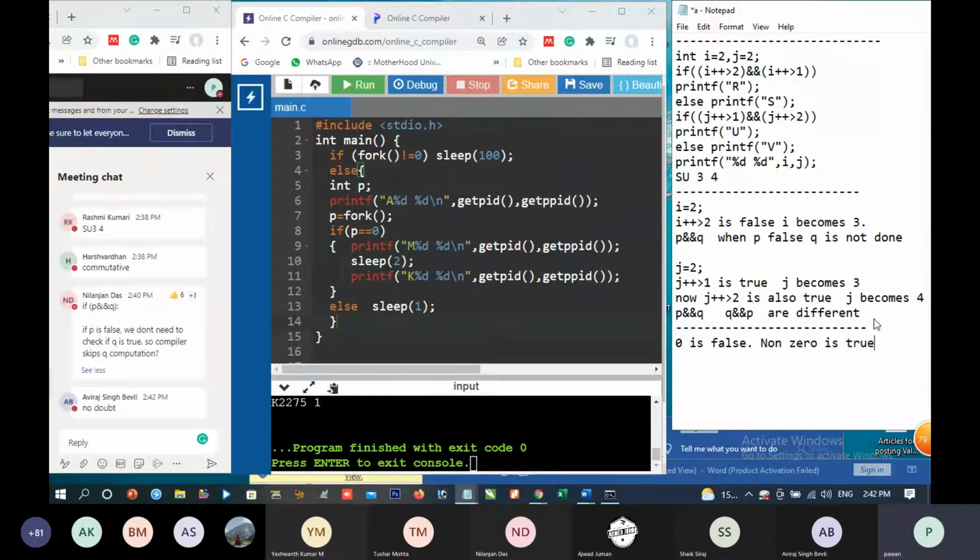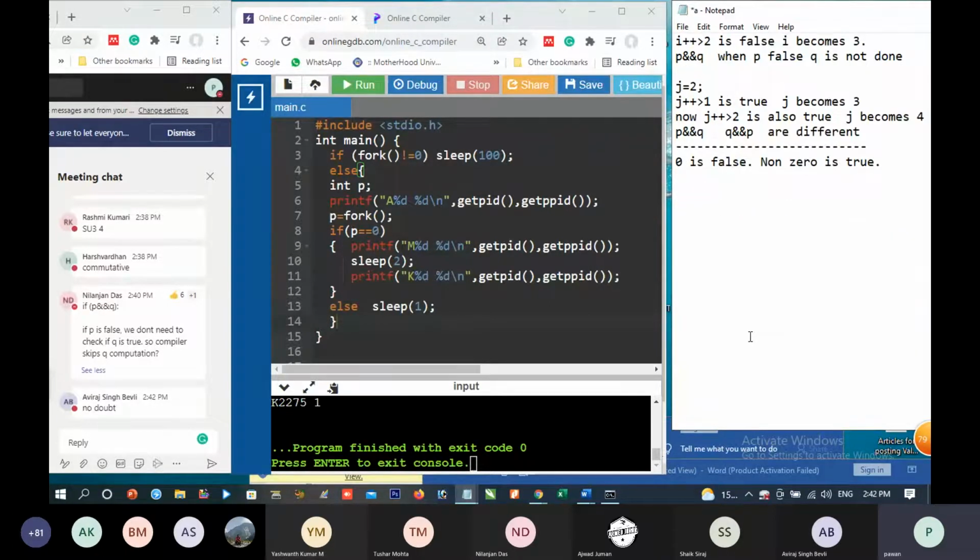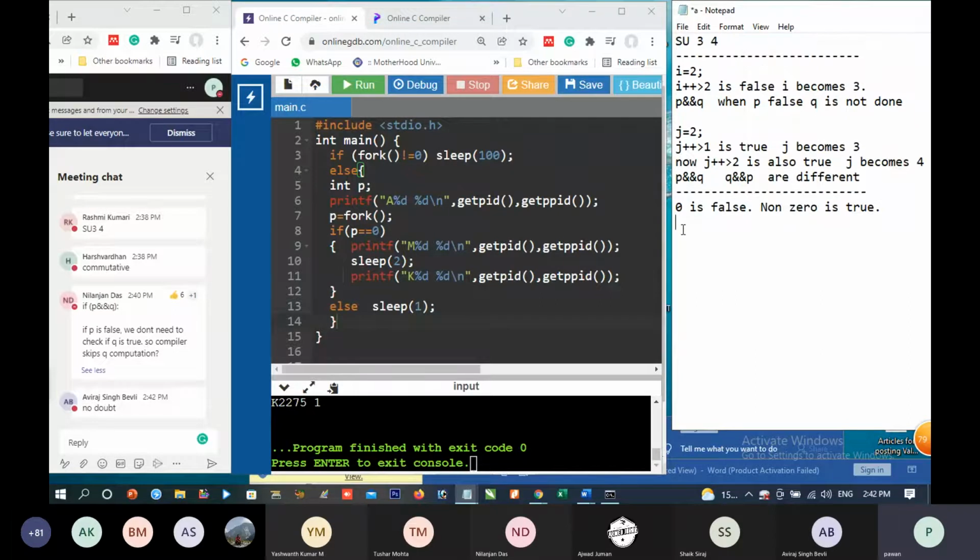Is it correct? Now, what happens? P equal to fork and fork. What will it do?